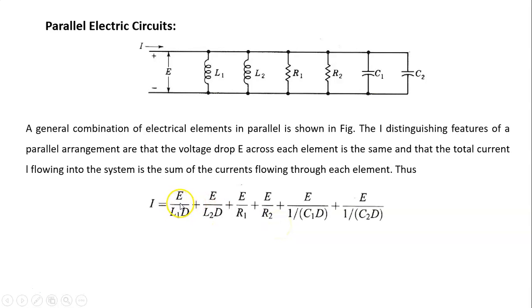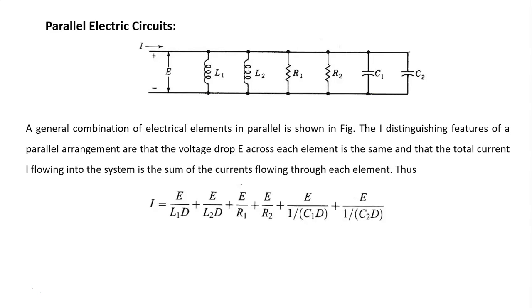Therefore, I is equal to E divided by L1D plus E divided by L2D plus E divided by R1 plus E divided by R2 plus E divided by 1 upon C1D plus E divided by 1 upon C2D.